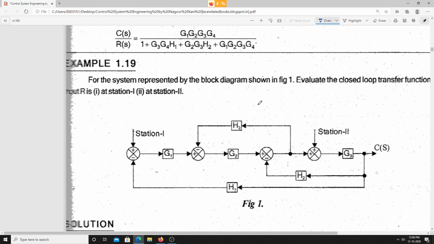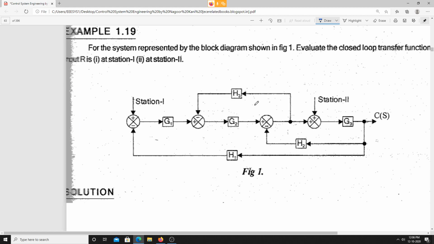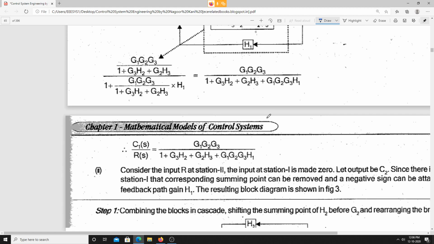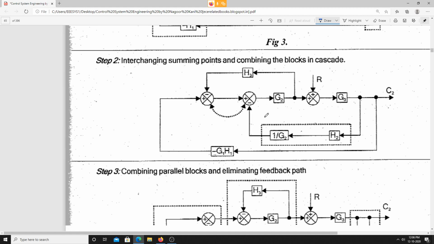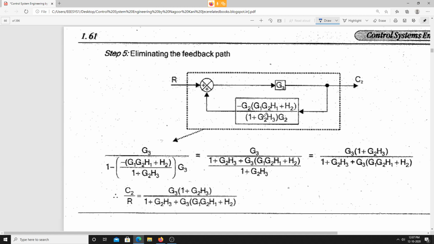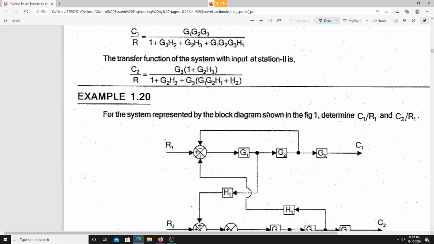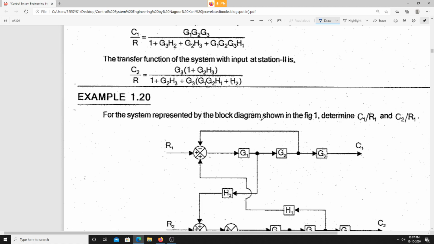Now, one more example problem here we are having. Just moving to the next topic. For the system represented by the block diagram shown in the figure, determine C1 by R1 and C2 by R1.